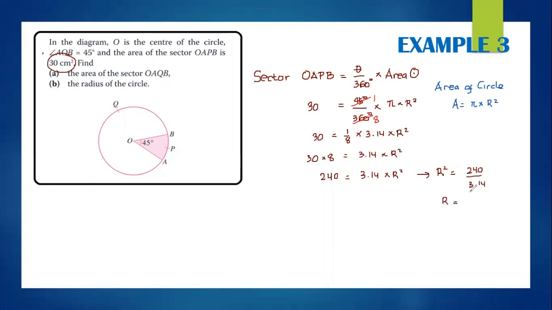So r equals, you can use your calculator please. Okay. Root of 240 divided by 3.14. You got the answer for the radius: root of 240 divided by 3.14.